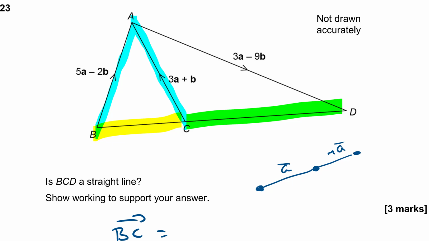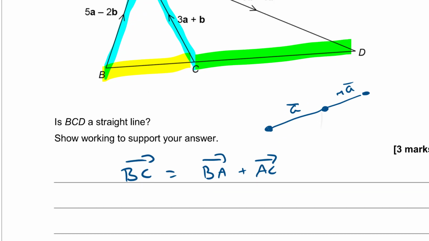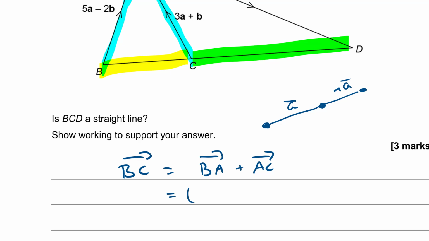So B to C is B to A plus A to C, and B to A is 5A minus 2B, and A to C, well, we're going against the arrow here, aren't we? So that's subtract, not plus.